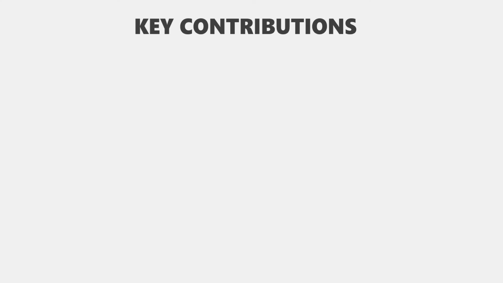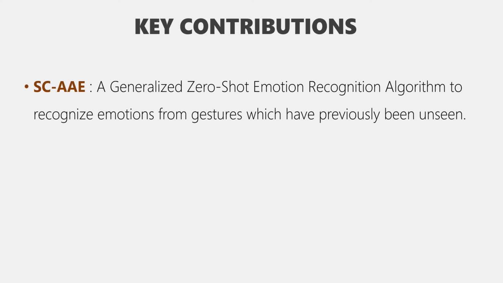Our main contributions in this paper are primarily two networks: SCAAE, which is our generalized zero-shot emotion recognition pipeline, which helps identify emotions from gestures which have not been seen by the network during training.